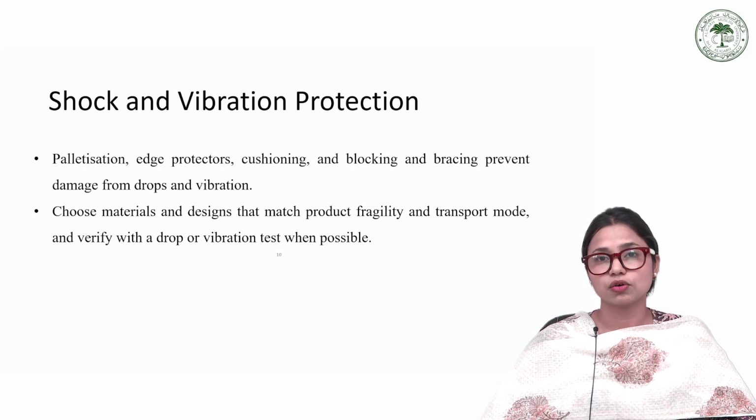And it might also have multiple layers of packaging just to ensure that the product remains safe in case of any uncertain movement, whether or not the product is fragile.